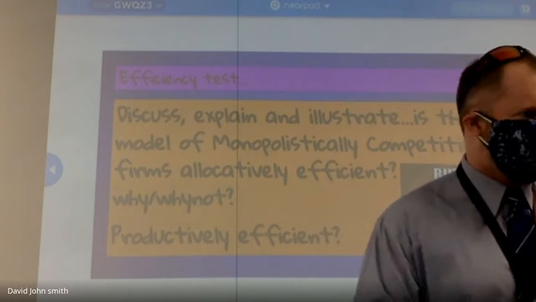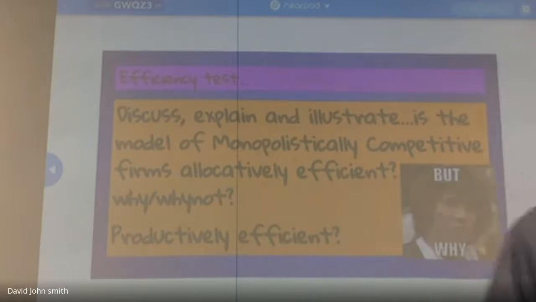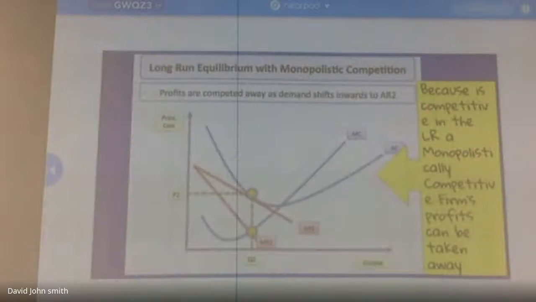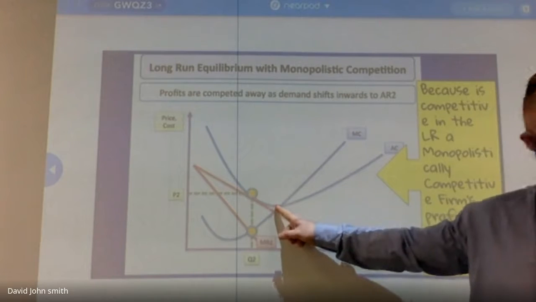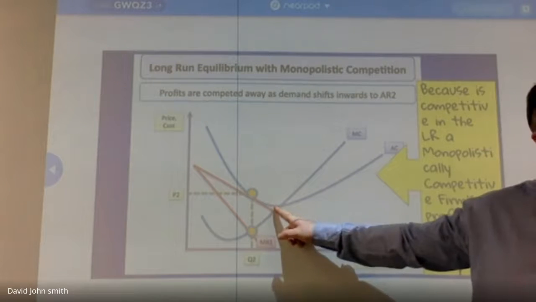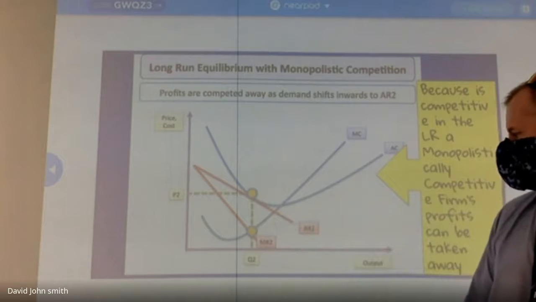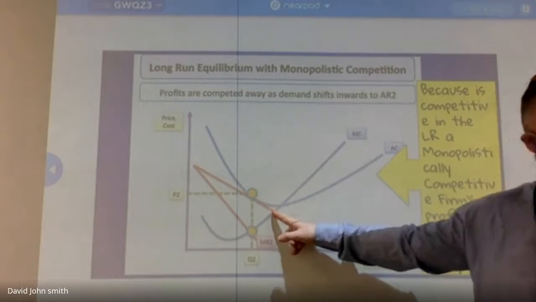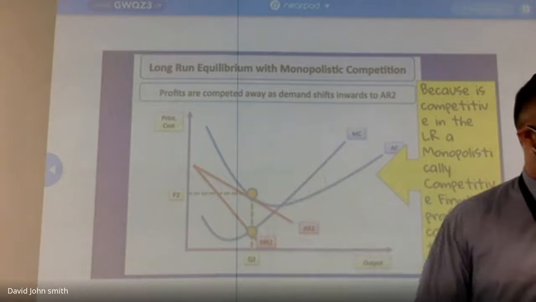Sorry, I'm jumping backwards. There's the lowest point. There's supply equals demand. So, no. What about if they're making a profit?